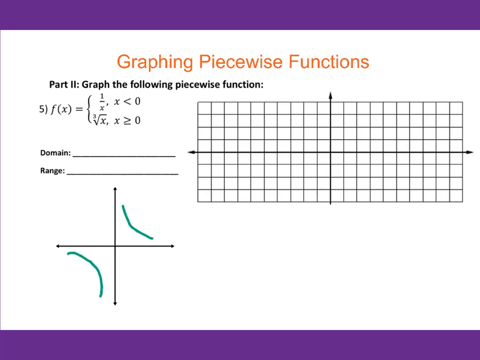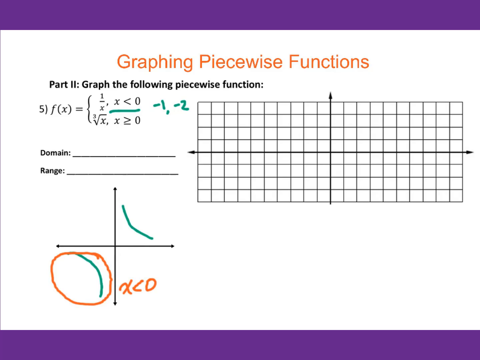And x less than 0, which means we need numbers less than 0, like -1, -2, and so on. In other words, this will be the graph we're looking for. That is x less than 0.